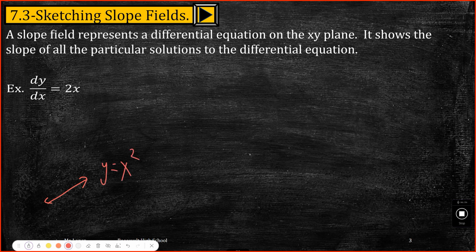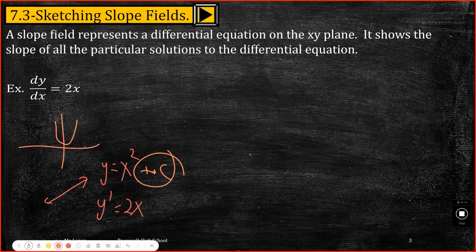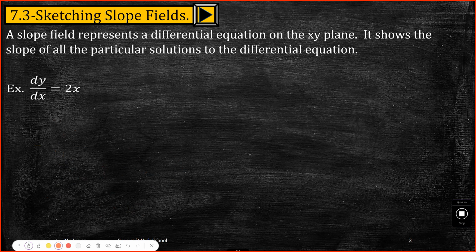Well, look, y equals x squared, the derivative, y prime, is going to be 2x, but we lost the constant. So that's why we lost this constant. So it could have been anything, no? It could have been any quadratic going like this or like this or like this, because we lost the y-intercept. And that's why it's a family of those.